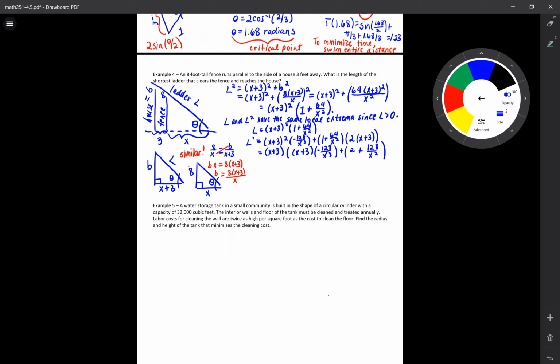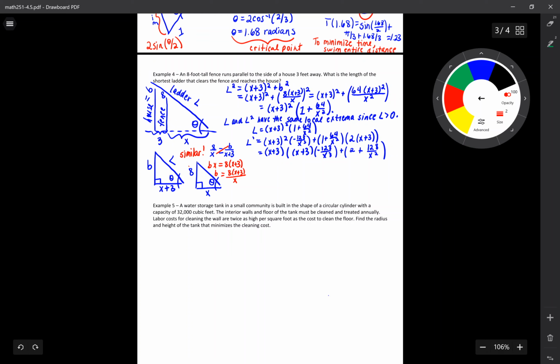So again, I want to simplify this as much as possible. So what I'm going to do from here is try to combine this x plus 3 times negative 128 over x cubed plus 2 plus 128 over x squared. I want to get these into one single fraction. And the way that I'm going to do that is I need to multiply this x plus 3 by x cubed over x cubed.